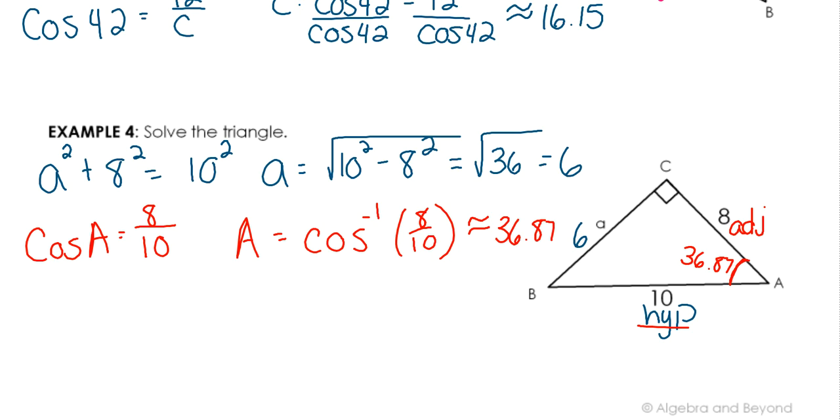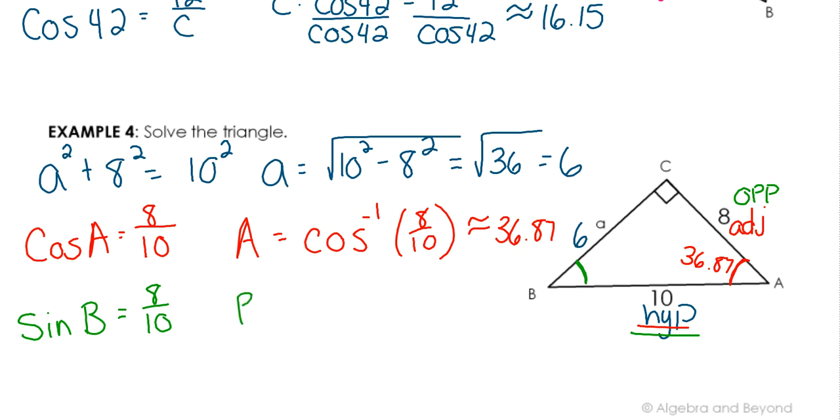And then the last thing I need to find is angle B over here. So for angle B, that side length that's now 8 is opposite of angle B. And then I'm going to use my hypotenuse again of 10. So opposite and hypotenuse, that's sine. So the sine of angle B is 8 over 10.